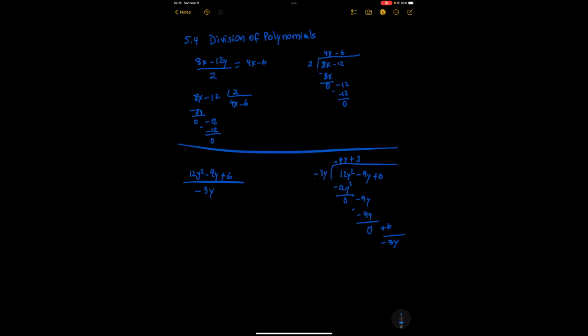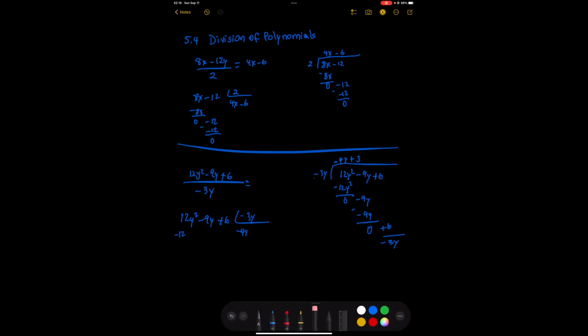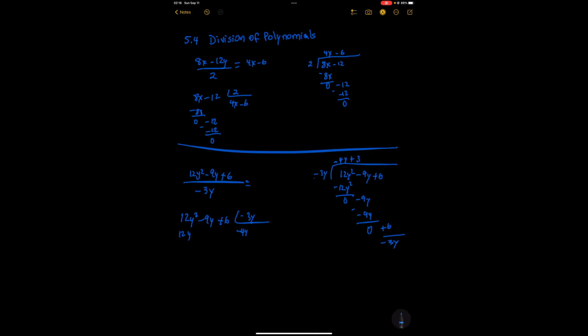Let's do the other way now. We have 12y squared minus 9y plus 6 divided by negative 3y. And I'm going to show you guys how to write the answer at the end. Very simple. So negative 4 times negative 3 is equal to positive 12, and y times y will equal y squared.